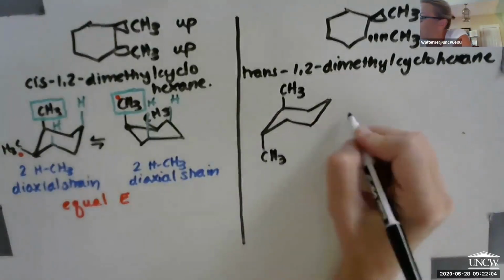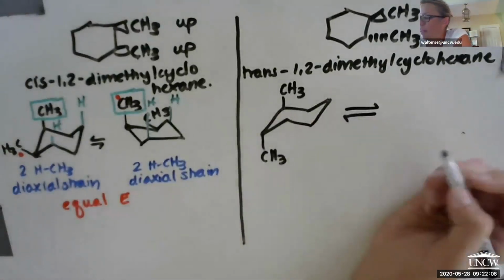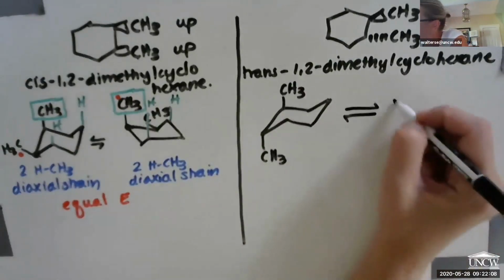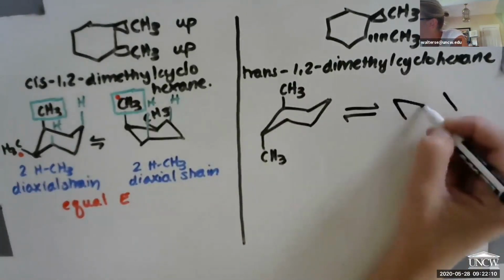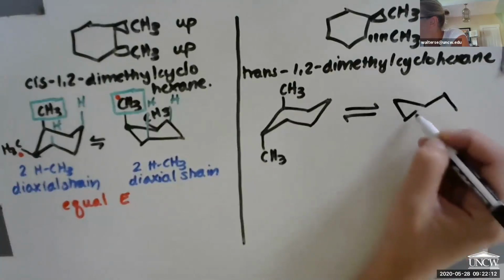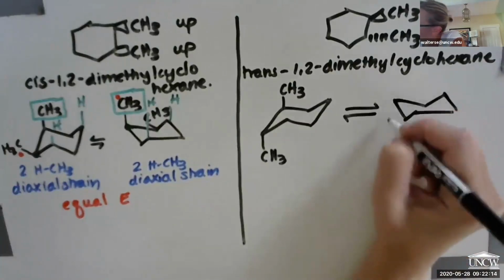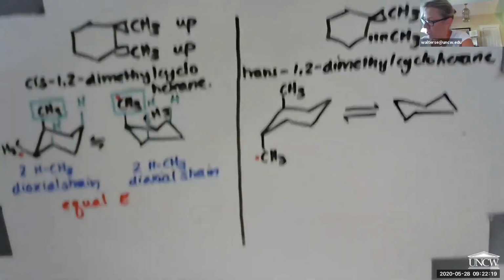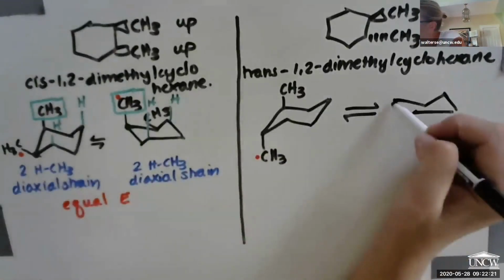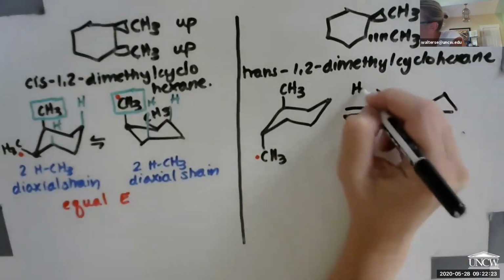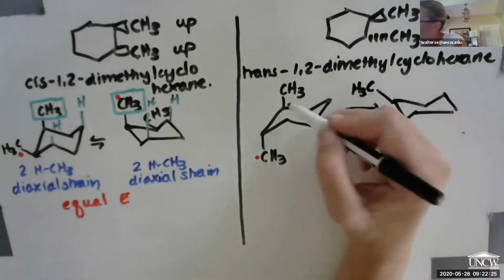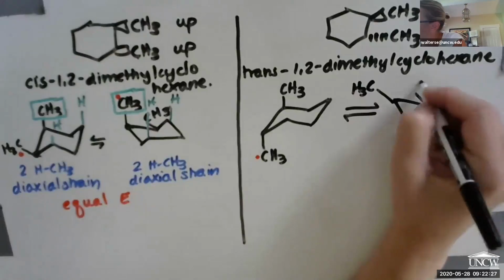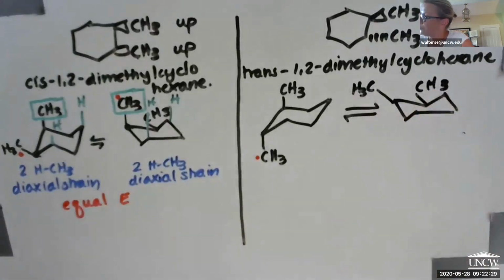Then I ring flip. Let me just put a dot so I don't forget what I'm doing. This one is here. Axial becomes equatorial. Axial becomes equatorial.